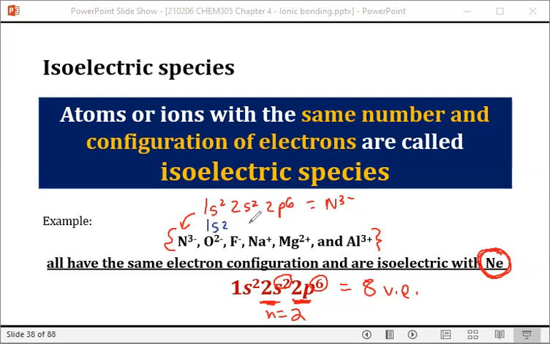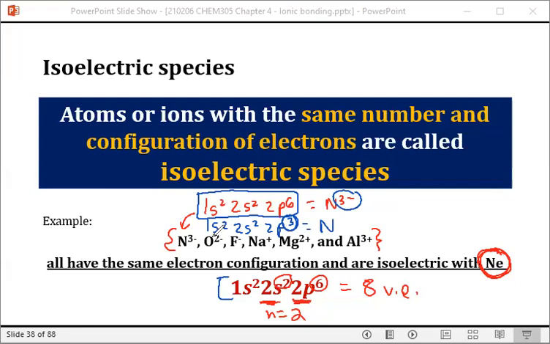Nitrogen, the element, is 1s2, 2s2, 2p3. And so we added 3 electrons. 2p3 turned into 2p6. We added 3 electrons, hence we got the 3- charge. And now the electron configuration for nitrogen 3- matches the electron configuration for neon. And so nitrogen 3- and neon are isoelectronic to each other.